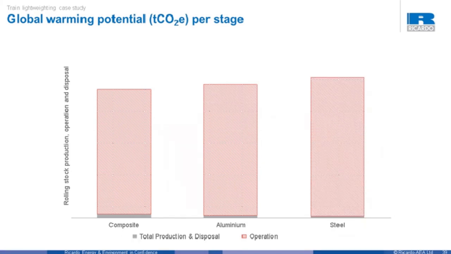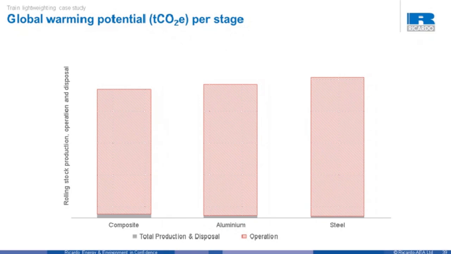However, when we compare these capital burdens to the operational impacts, we can see that the capital burdens are relatively insignificant. Comparing the operational impacts, we see that lightweighting delivers global warming potential benefits that far outweigh the relatively higher capital burdens.